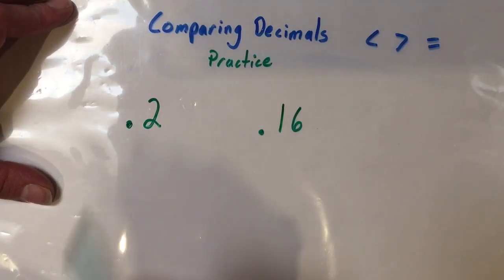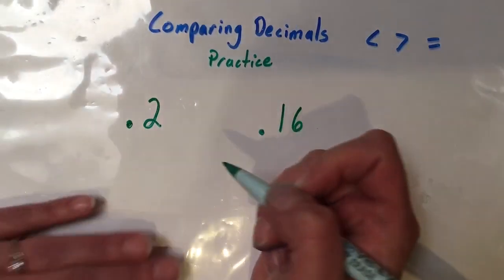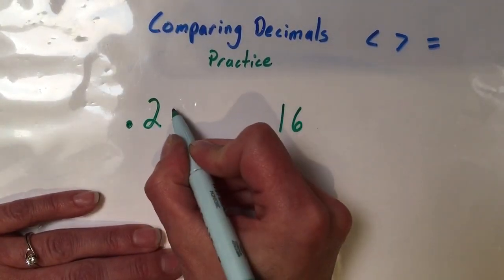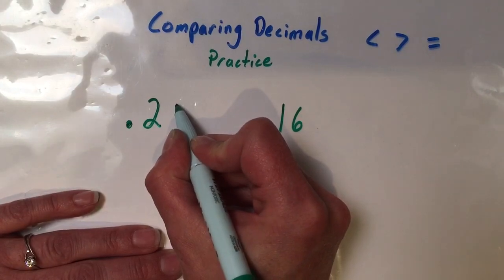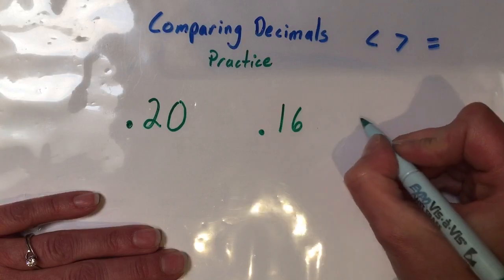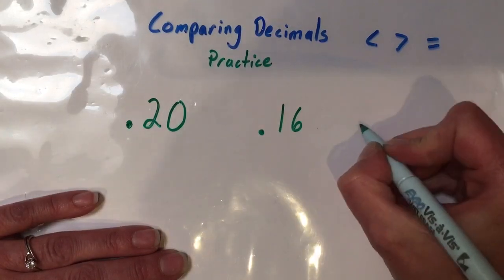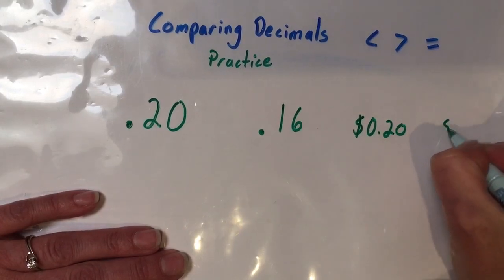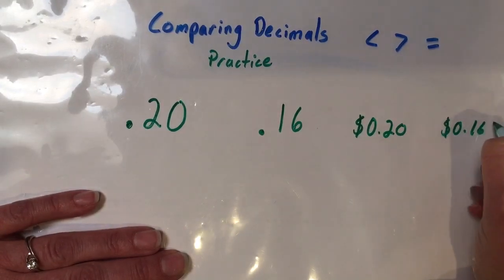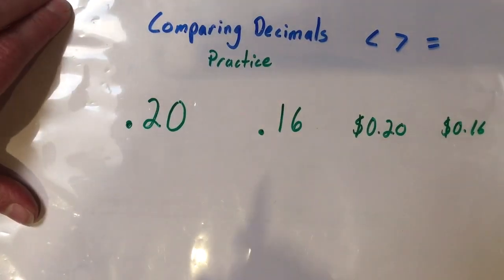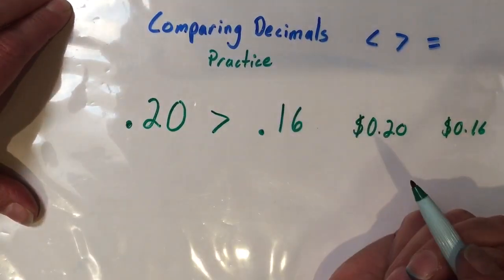I'm going to use the trick I told you about last time. This has 2 digits, so therefore I want to make this 2 digits with a digit in the hundredths place. When I do that, I now have what, if I wrote it as money, I'm going to show you that too, would be 20 cents versus 16 cents. Neither of those is a lot of money, but if I'm going to be given a choice, I'm going to pick 20 cents because I want more money.